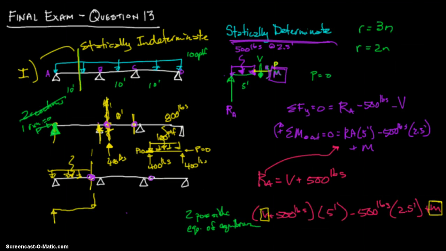Therefore, now what we can do, and I'll go to pink, it's a little bit more noticeable, I will say every member times 2 is equal to the number of reactions, given that the pins are only 1. So I'll just number them. 1, 2, 3, 4.